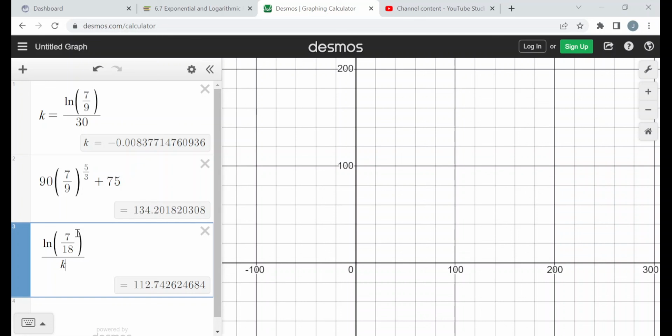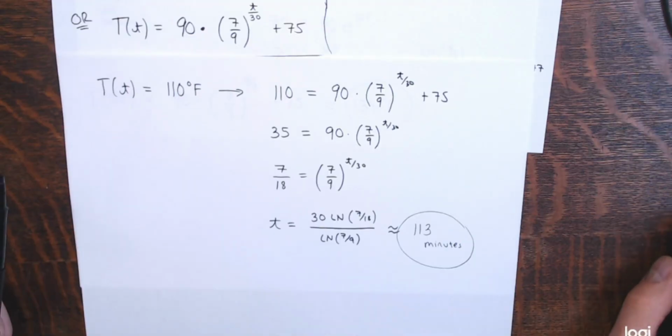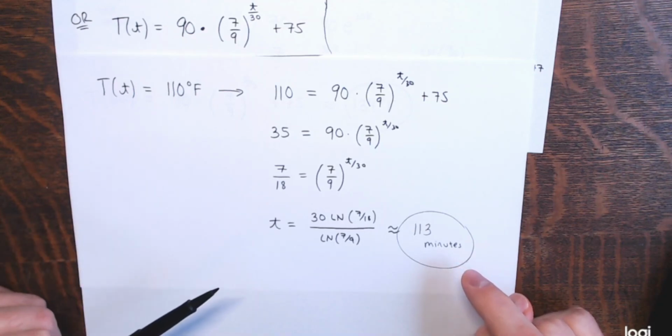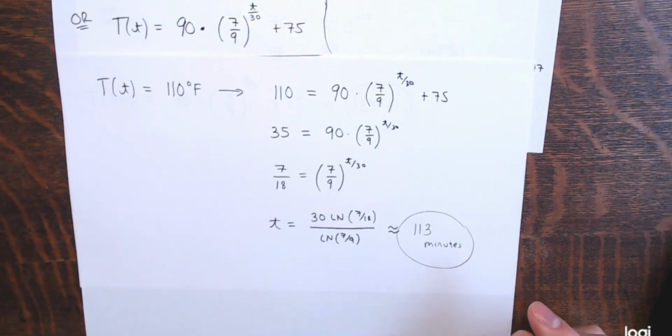So it would take a little under 2 hours, since 120 minutes is 2 hours, for the turkey to cool down to 110 degrees if it's sitting in this 75-degree room.